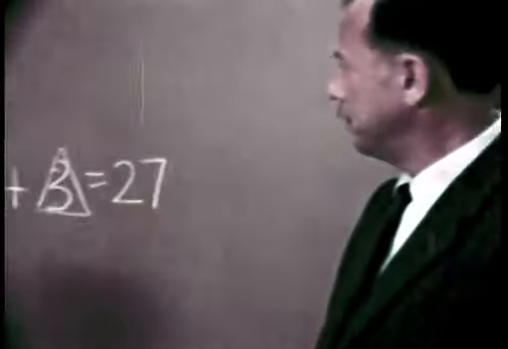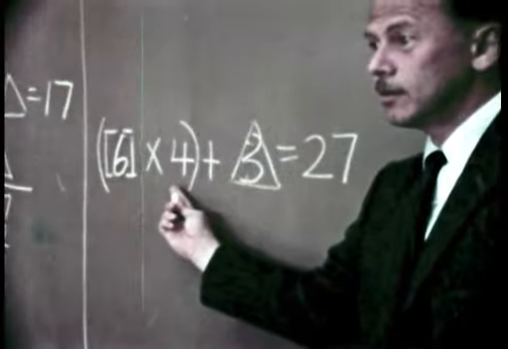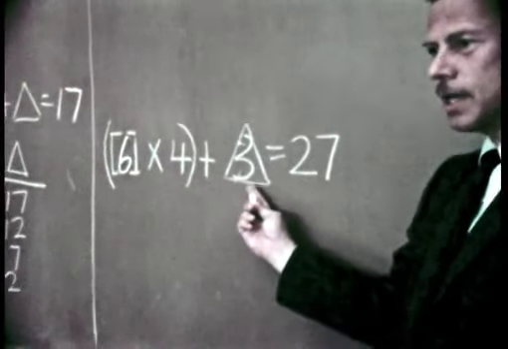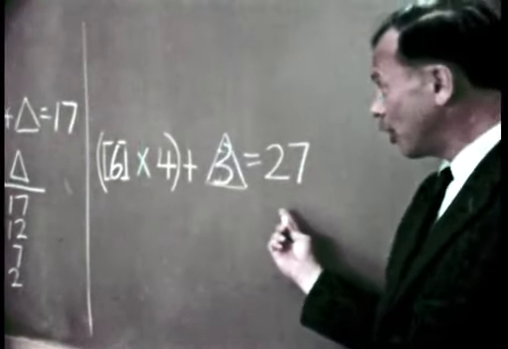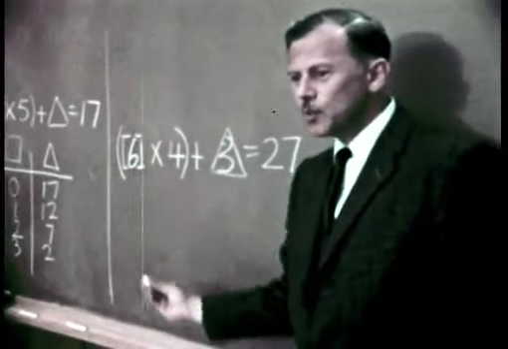Let's try it out. 6 times 4. How much is that? 24. Plus 3. 27. It works? Yeah. Anybody find a larger number that would work for the square?